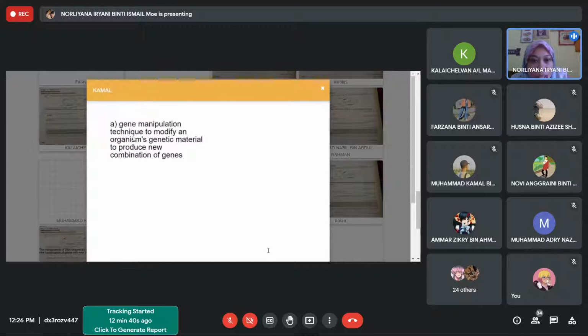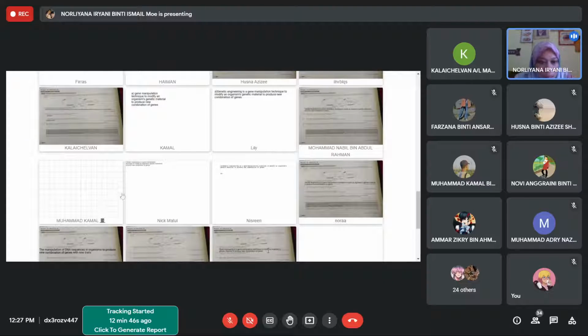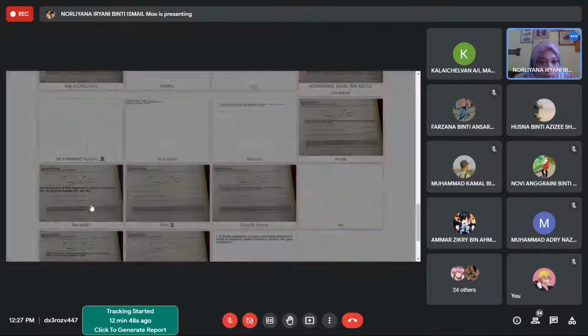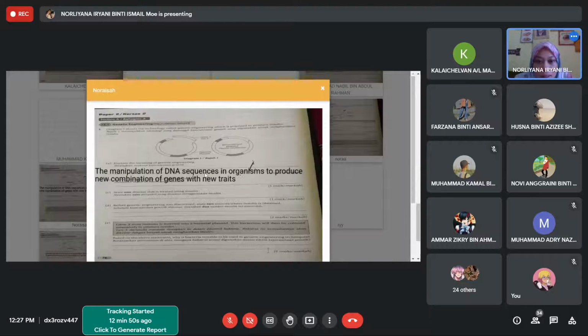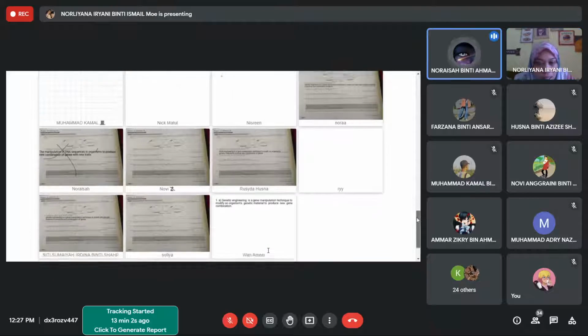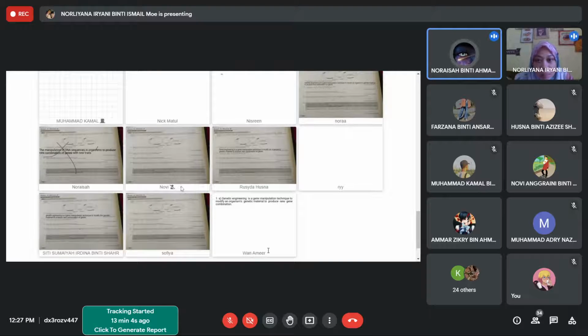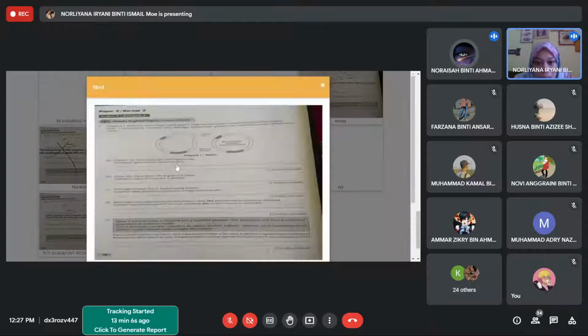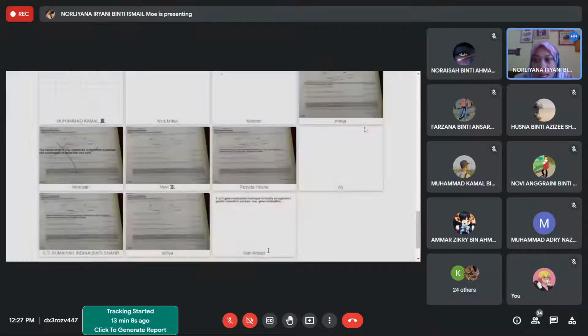Gene manipulation technique to modify an organism's genetic material to produce genes. Okay, correct. Betul. Who else has the teacher not looked at yet? Aisyah. This one is empty. Cross it out. Your answer is just like Amma's. Okay, you miss technique. Teacher, it can't be erased. Okay, never mind, I will wipe your whiteboard later.